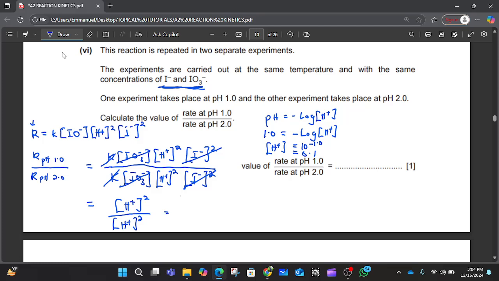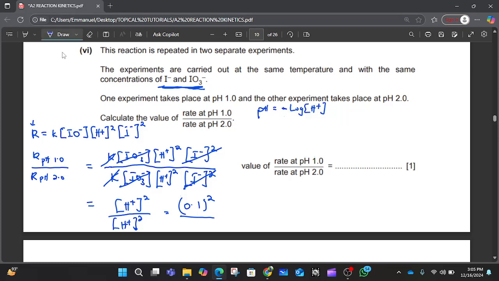So it means that we have 0.1 squared, and then let's find the concentration of H plus at pH 2.0. Come and put it here and solve for the value. To do that, again, pH is equal to negative log H plus ion concentration. So our pH is 2.0, which is equal to negative log H plus ion concentration. So we divide through with negative 1. It means we get negative 2.0 is equal to log concentration of H plus.